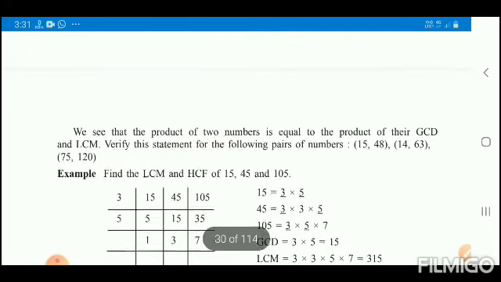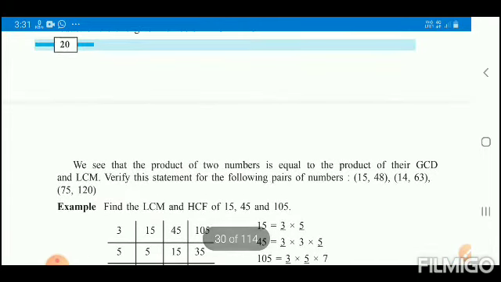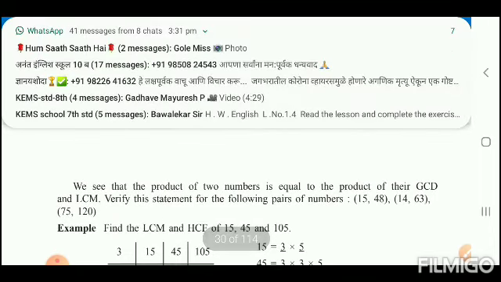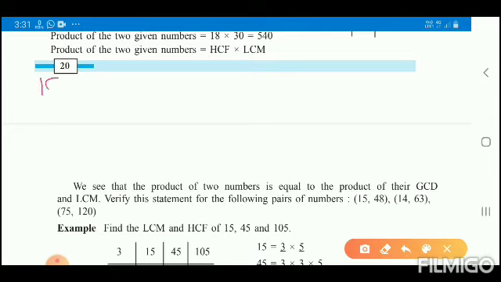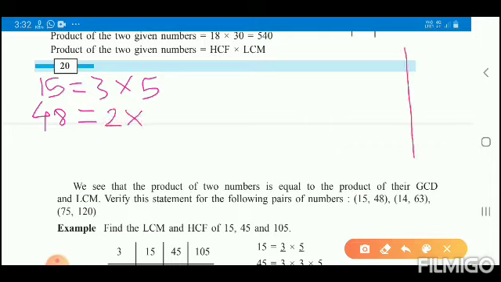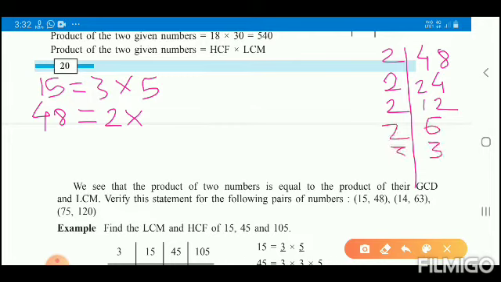Okay. Now tell me the factors of 15. The factors of 15: 15 is equal to 3 multiplied by 5, and the factors of 48 is equal to 2 multiplied by... otherwise, if you are not understanding this way, then find the factors: 24, then 12, and 3 3s are 1.